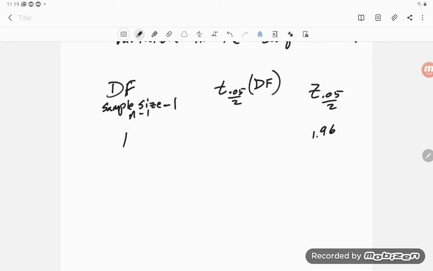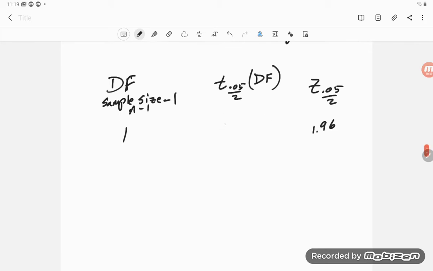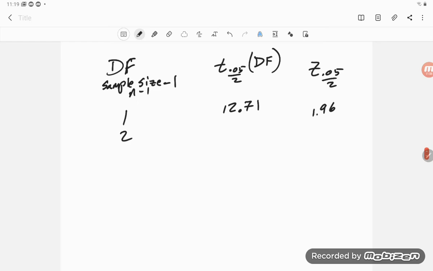To get 95% of your data, you need to go out 12.7 standard deviations instead of about 2. Big difference, right? If I go up to a sample size of 3, so my degrees of freedom are 2, then it does drop down quickly to 4.30.